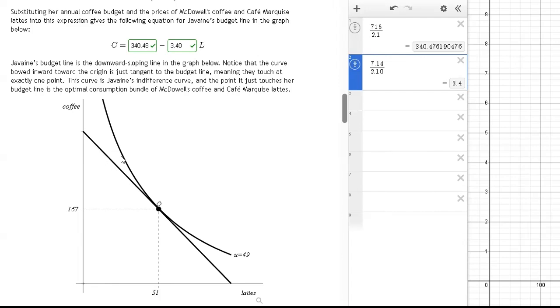Notice that the curve bowed inward toward the origin is tangent to the budget line, meaning the budget line and the indifference curve touch at exactly one point, and that one point is this black dot labeled O. This curve is her indifference curve, and the point it just touches her budget line is the optimal consumption bundle of McDowell's coffee and Cafe Marquis lattes.